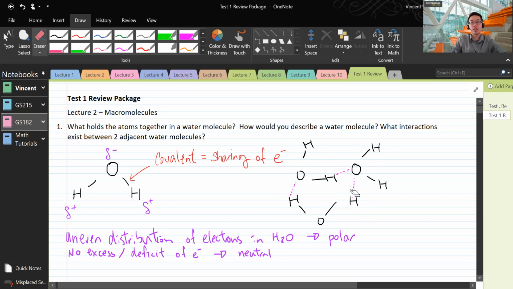Okay, so this interaction that exists between water molecules, what do we call that? Can anybody tell me? What do we call these pink dots that I'm trying to represent here?